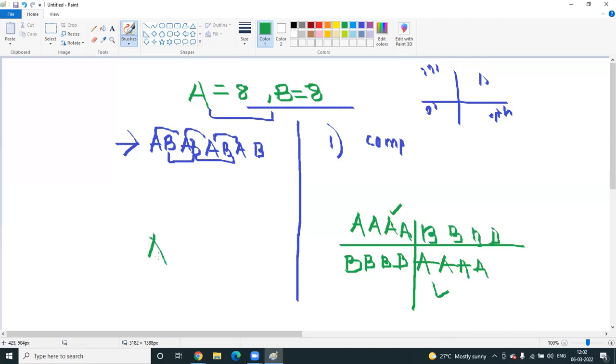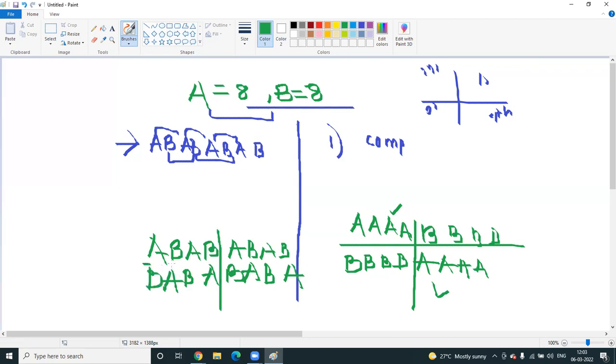Next, same thing. In this example, this is called dispersion mode.